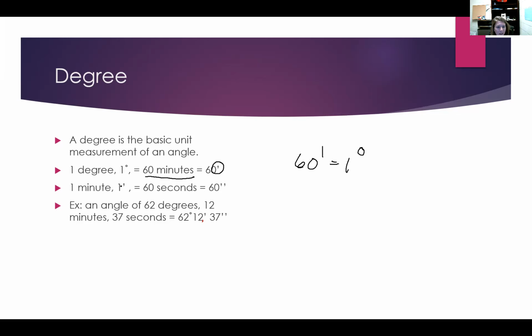And then 1 minute is the same thing as 60 seconds. So if you have an angle with 62 degrees, 12 minutes, and 37 seconds, you're going to write it as 62 degrees, 12 minutes, and 37 seconds, okay?